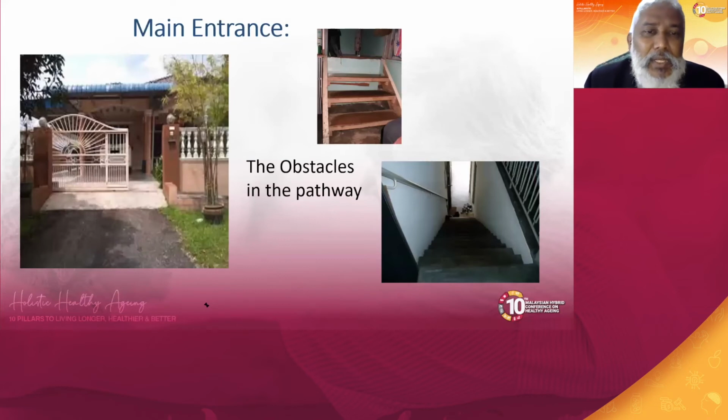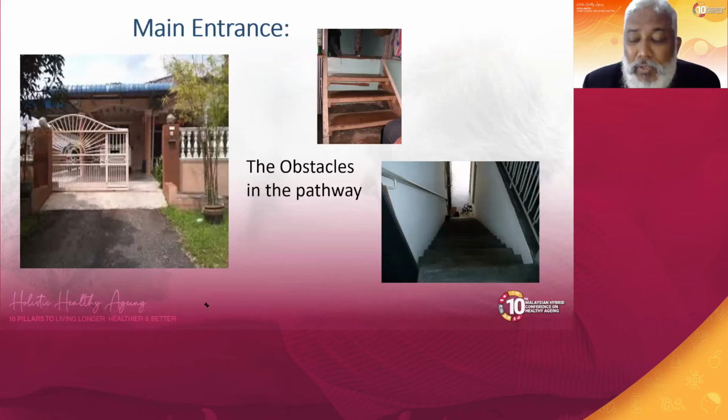So let's start with the main entrance. When we talk about the main entrance, there can be some houses with gates or some without gates. It can be like some with wooden stairs, or some apartments where you need to climb up a high steep stairs.